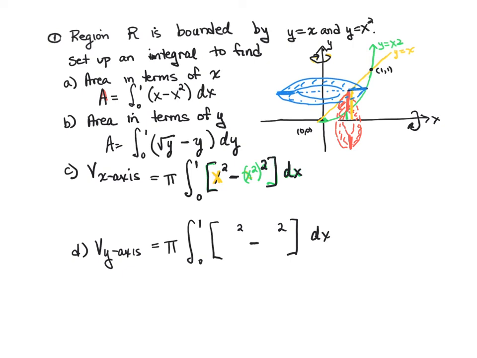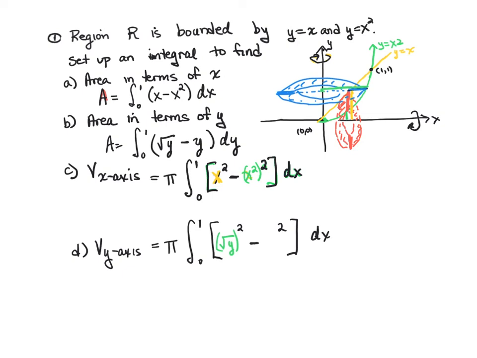So the outer radius is the distance from the green curve to the y-axis. But we have to represent that as a function of y. And since this is y equals x squared, x equals the square root of y, but we must square it.